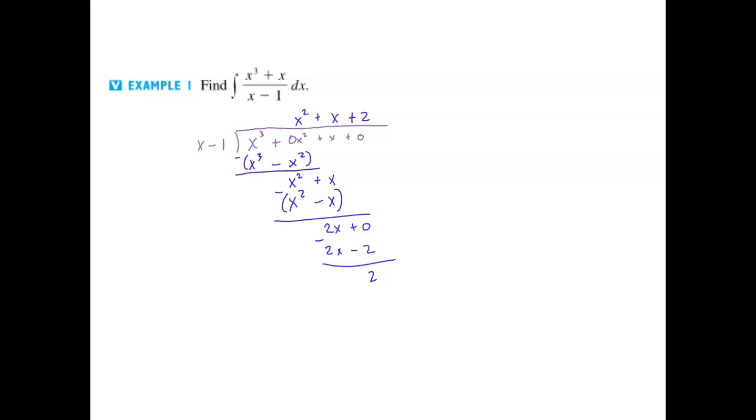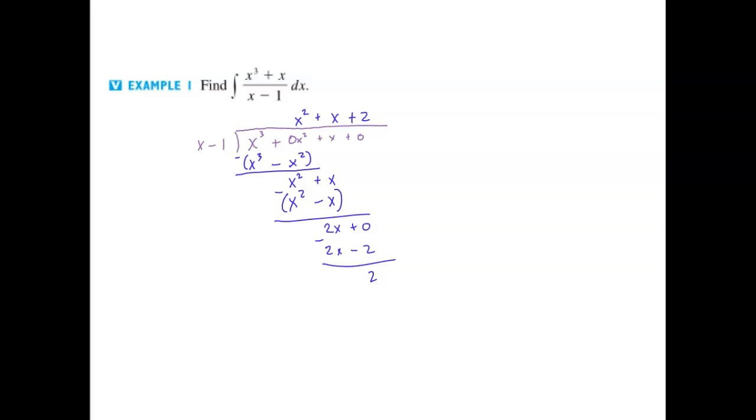And that's a remainder. How do I know that's a remainder? Because x doesn't go into 2. There's nothing I can multiply x by that'll give me 2, right? There's no polynomial term I can multiply x by to get me 2. All right. So, what does that mean?